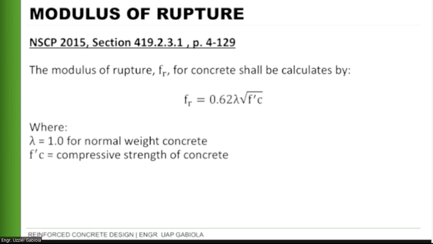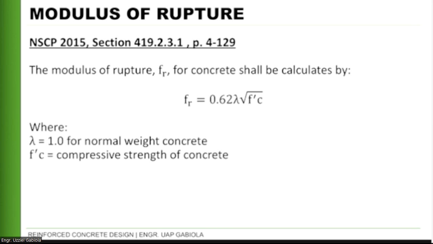So if it will not be a normal weight concrete, there is another page or section in the code wherein you can choose the value of lambda depending on the condition of your concrete. But for our case today, we will just focus on lambda equals 1.0. And then we have the f'c, or the compressive strength of our concrete material.